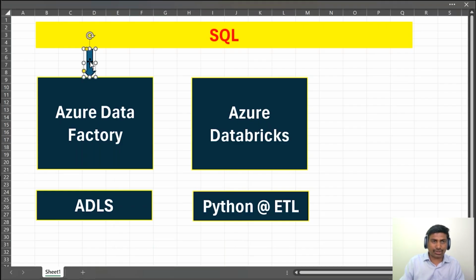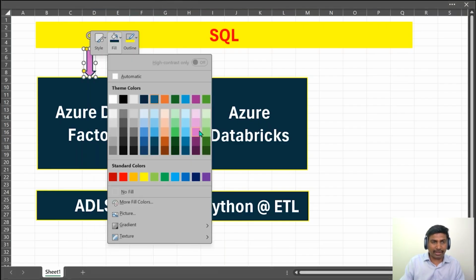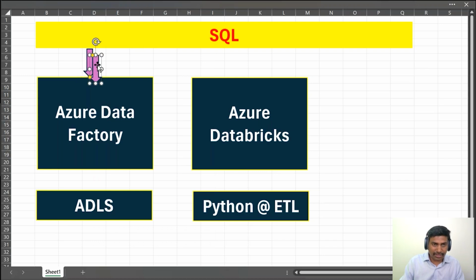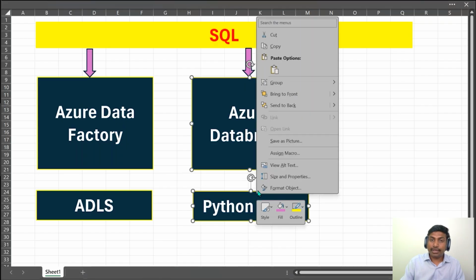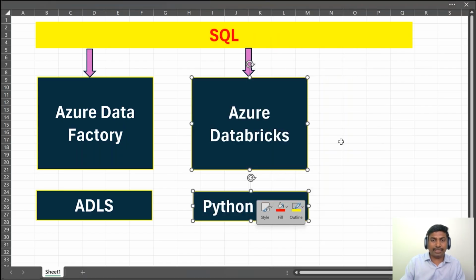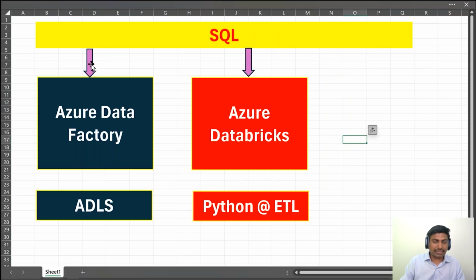Of course, SQL, the common friend for both Data Factory and Databricks. Whereas the other one, the dependency chart I'm talking about, ADLS has dependencies in this way, like this.